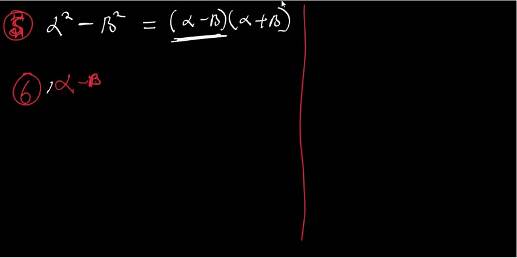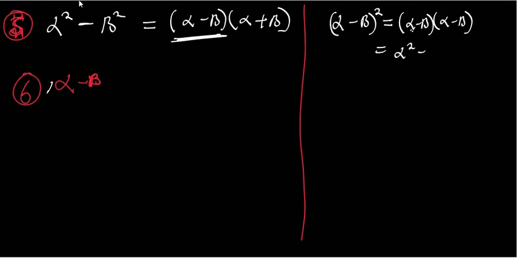So the identity of alpha minus beta, where does it come from? It comes from this side. Alpha minus beta, all squared, like that, right? This means you have alpha minus beta twice. So let's multiply: alpha times alpha is alpha squared.